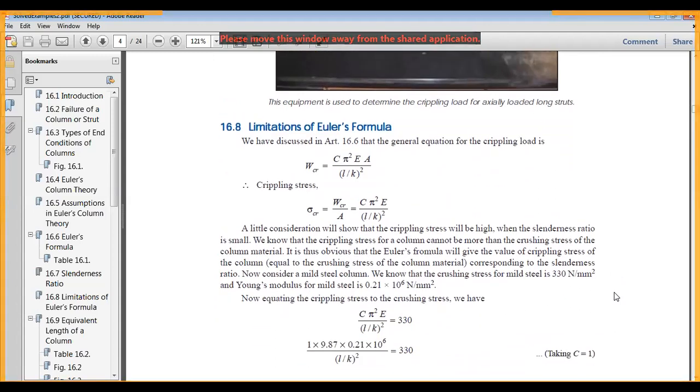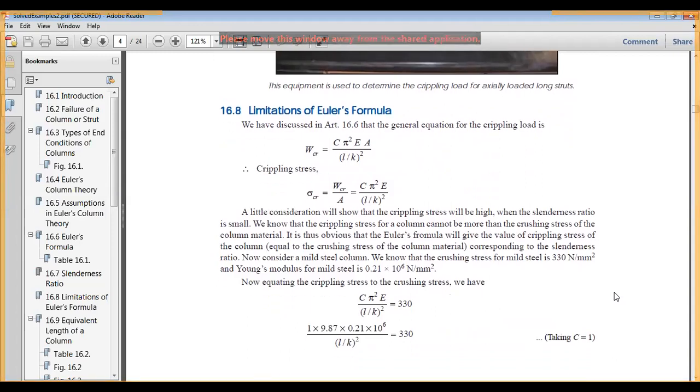So here we'll be calculating crippling load and crippling stress, or bending stress. We'll be calculating for a condition where the crushing stress for mild steel is 330 Newton per millimeter square, and Young's modulus E is given as 0.21 into 10 power 6 Newton per meter square.